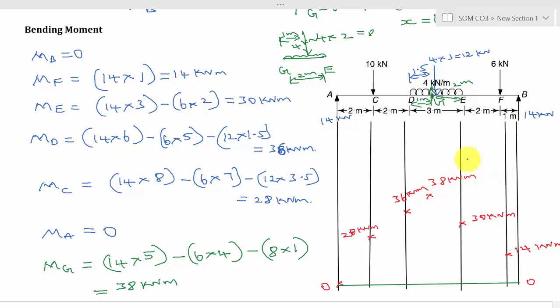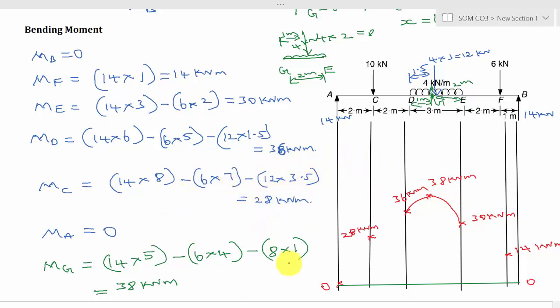Okay. So in the section DE, it is subjected to a uniformly distributed load. So here it will be a parabolic. So here it's a parabolic from D to G, and from G to E it's a parabolic. So in the remaining regions it is a linear line.